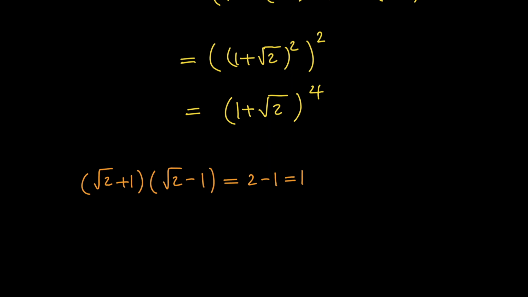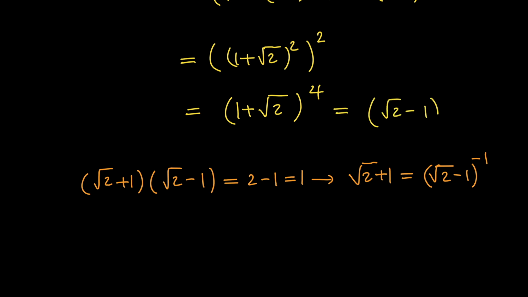And that means that I can replace the square root of 2 plus 1 with the square root of 2 minus 1 to the power of negative 1. So if I do that, I'm going to have this equals the square root of 2 minus 1 to the power of negative 4. So the number on the right-hand side of our inequality is the square root of 2 minus 1 to the power of negative 4.